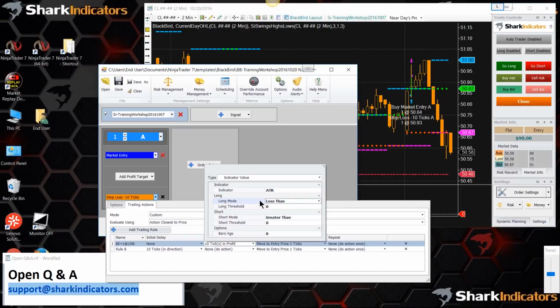If you're familiar with Bloodhound, then the indicator value trigger is similar to the threshold solver, right?